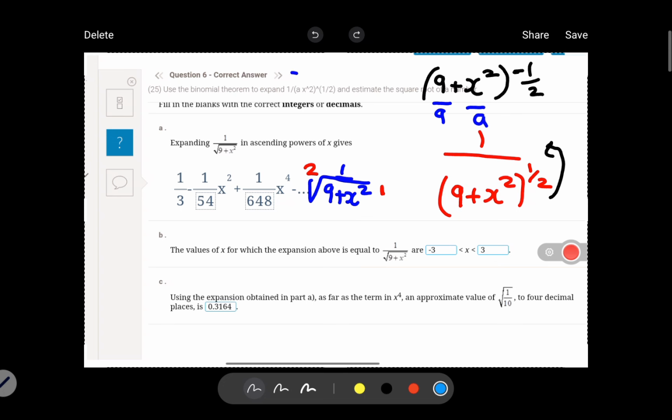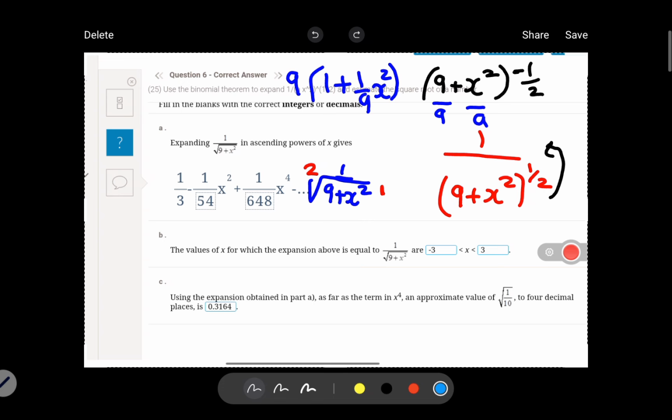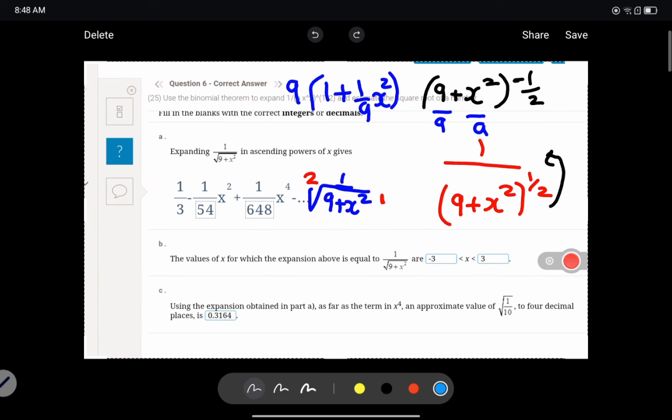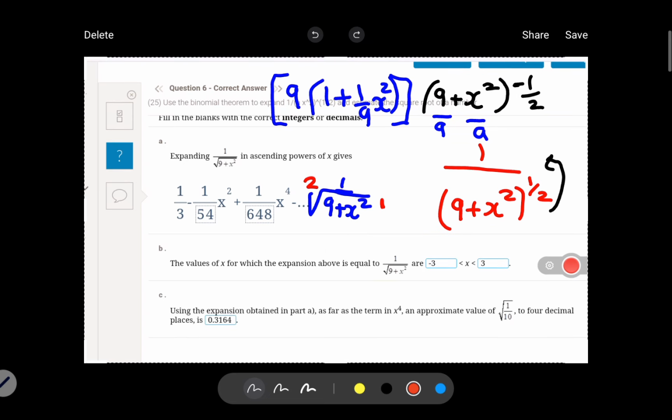You will get 9, open bracket, 1 plus 1 over 9 x squared. Okay, and then all of it to the power of negative 1 over 2.